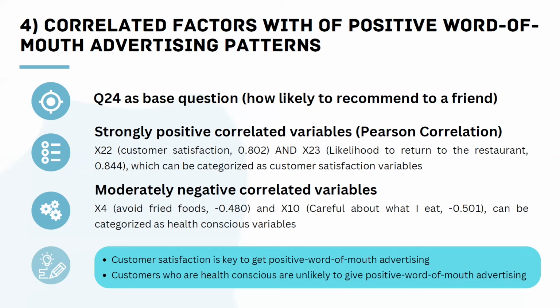So the overall finding is that customer satisfaction is key to getting positive word of mouth advertising, and customers who are health conscious are unlikely to give positive word of mouth advertising for Santa Fe Grill, because they probably felt that the restaurant was not really promoting healthy food.